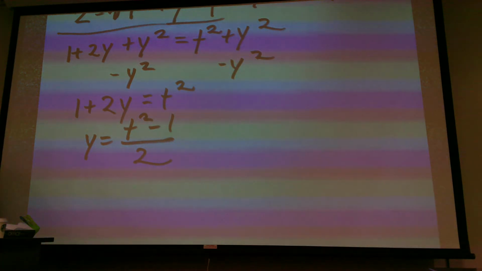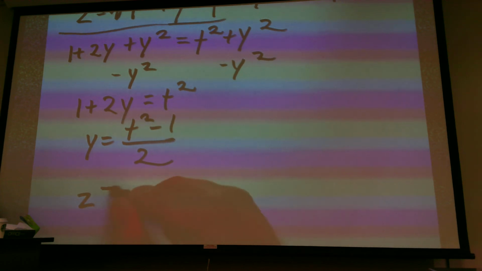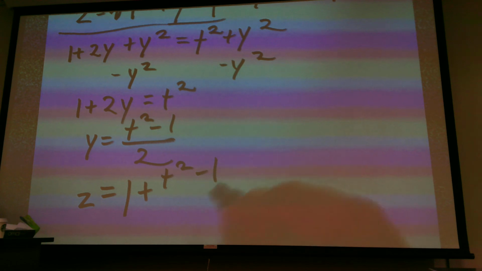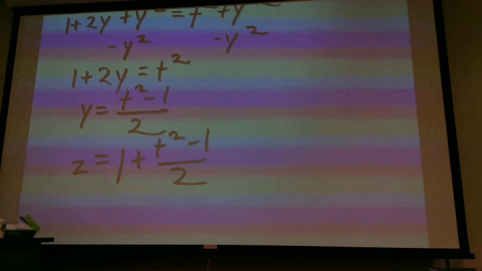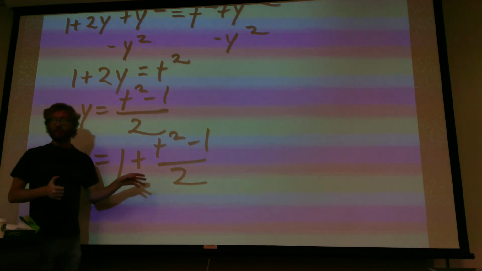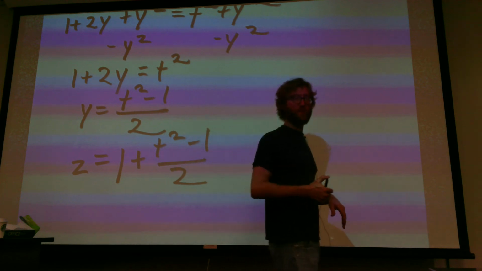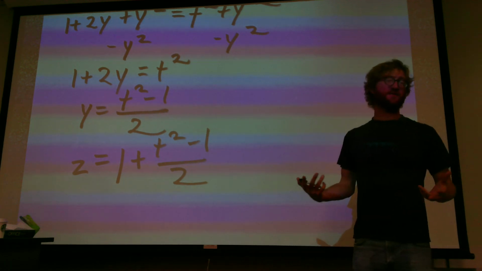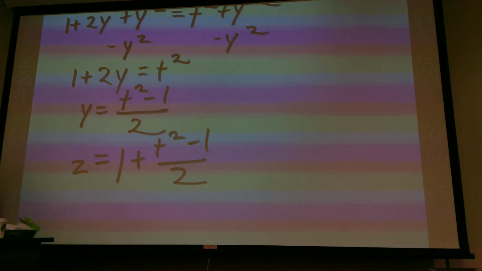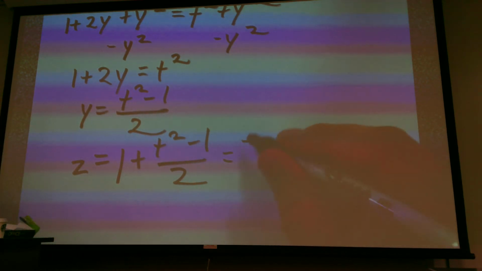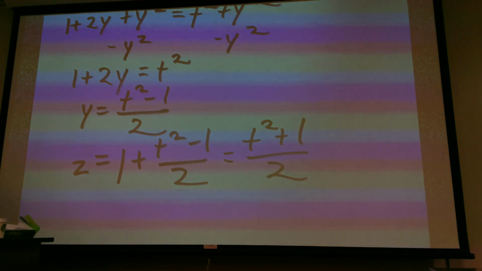So z is going to equal 1 plus t squared minus 1 divided by 2. All right. Now if I simplify this thing, this is t squared divided by 2 minus 1/2 plus 1. All right, negative 1/2 plus 1 is going to turn into a positive 1/2. And so z is going to equal t squared plus 1 divided by 2.